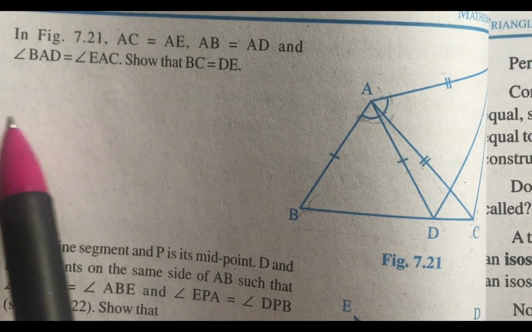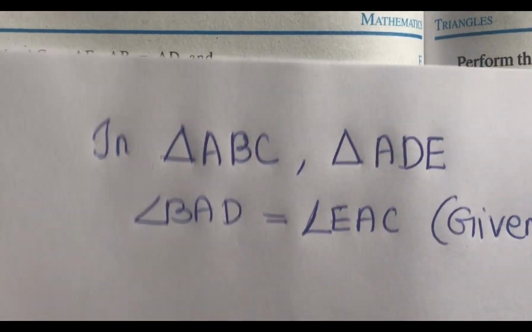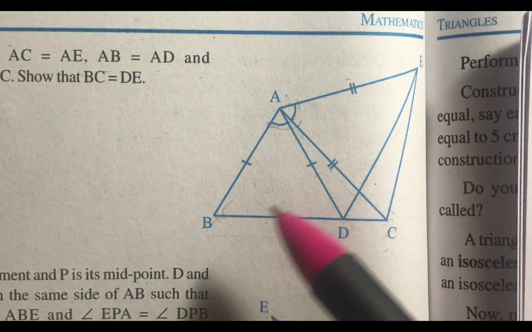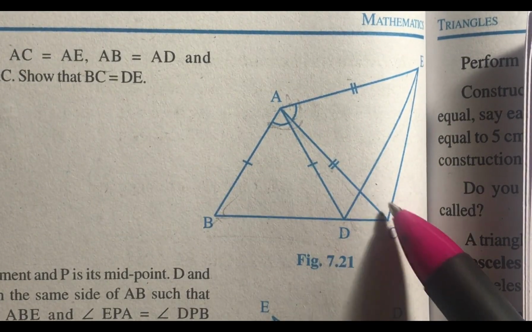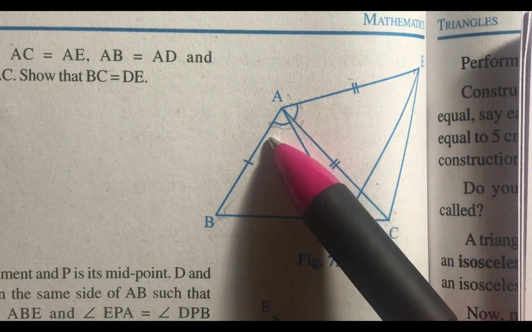So angle BAD is equal to angle EAC, given.